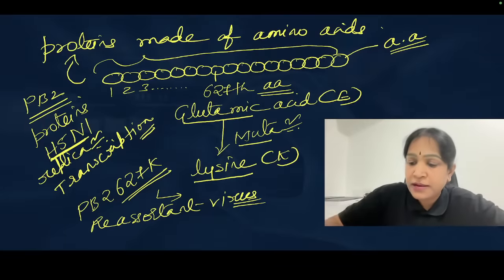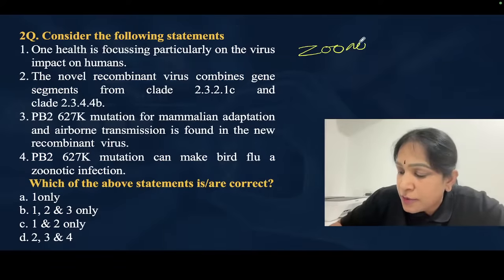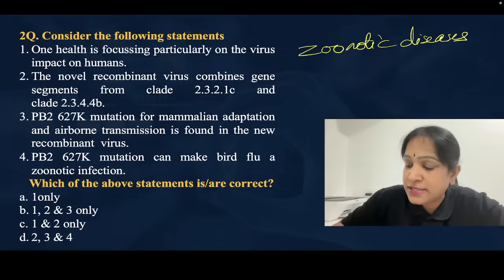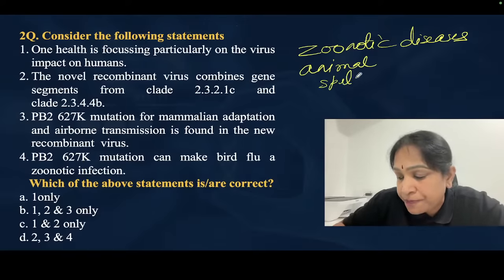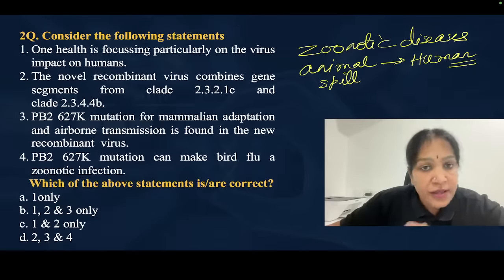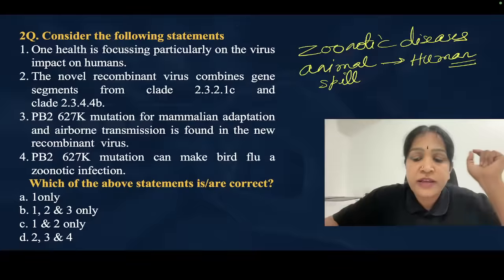Fine. What do you mean by the word zoonosis? Zoonotic diseases are diseases that spill over from animals to human beings, like rabies, coronaviruses, bird flu. All these are zoonotic viruses.